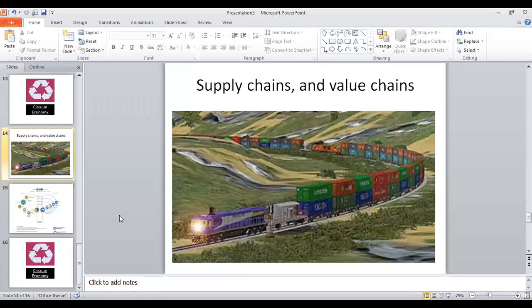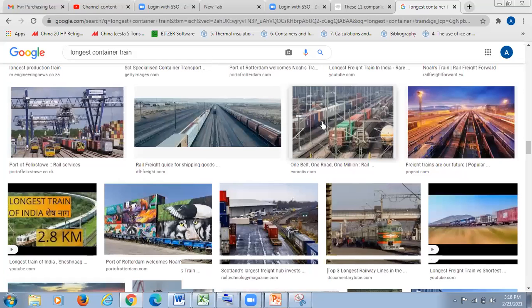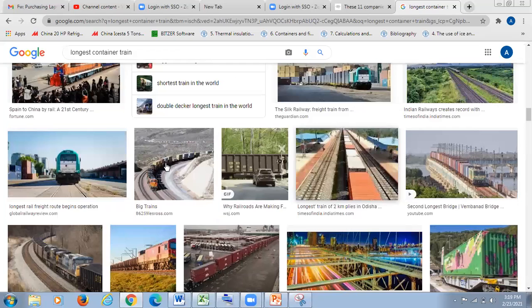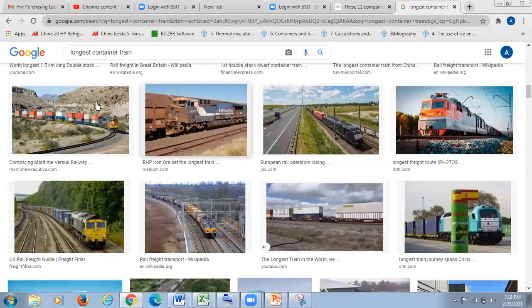So let me share the screen with you. I'm browsing. So you can see all these container trains, sometimes from the mines. They do raw material excavation in the mine fields. This may be coming from a mine.